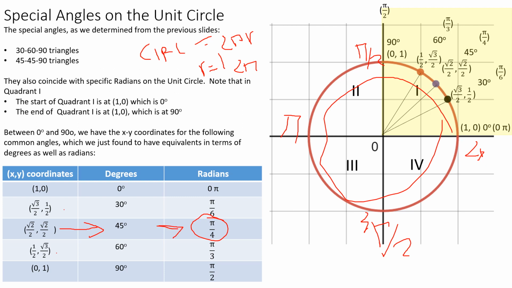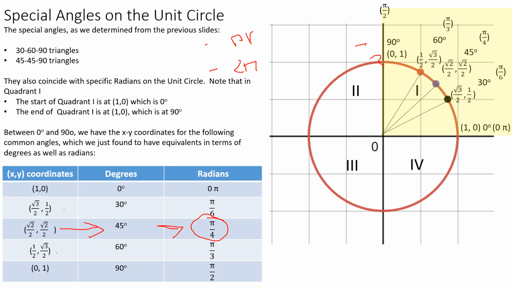And if I took 30 degrees, and halfway around the circle is 180 degrees, right? Because 360 all the way around. That's 1/6. 30 out of 180 is 1/6. So it's 1/6 pi right here, or pi over 6.